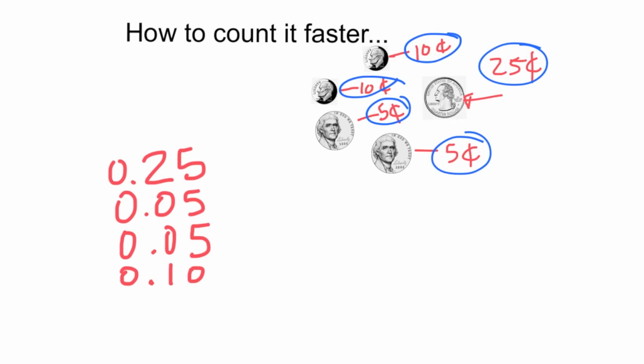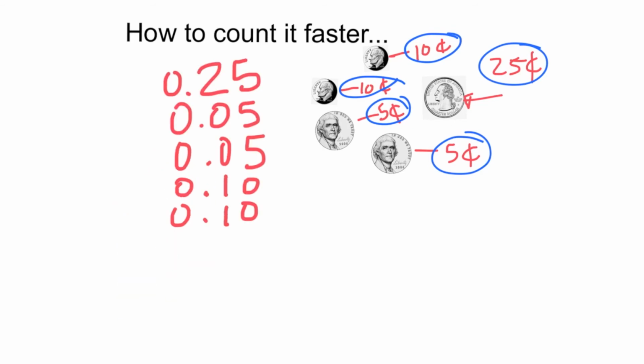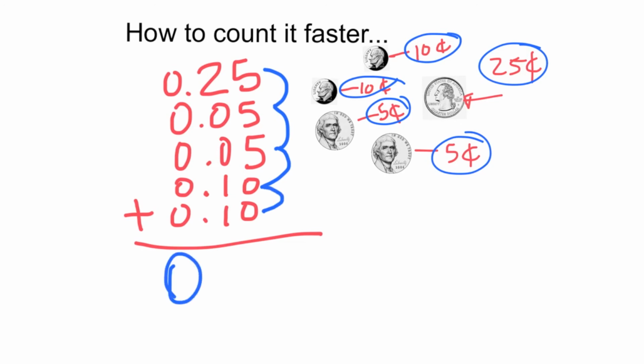And then the other 10 cents, $0.10. Now that I have all of that in place, I just added it up. I counted by 5s: 25, 30, 35. And then I counted by 10s: 35 plus 10 is 45, and 45 plus 10 is 55. So it turns out to be $0.55.